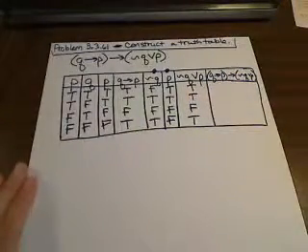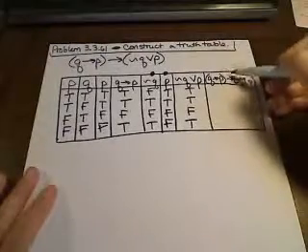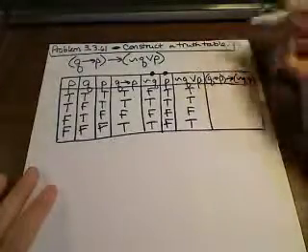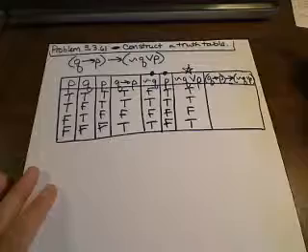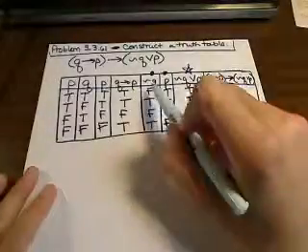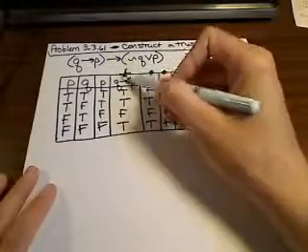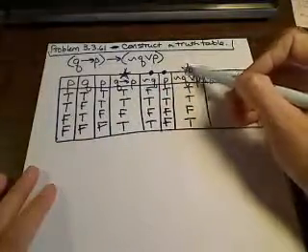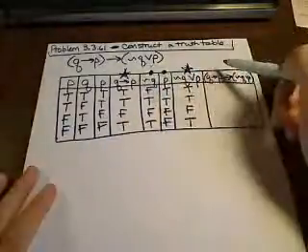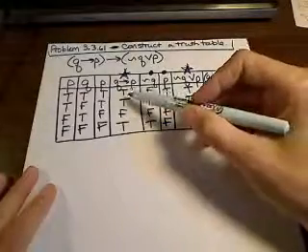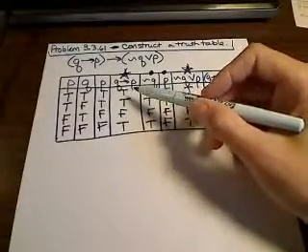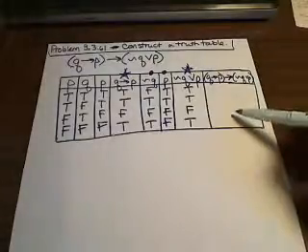Okay, and now what I'm doing is I'm trying to take the conditional between this column right here and Q implies P, so this column right here. So what I'm going to do is I'm going to look at the truth values in these two columns that are starred, and I'm going to use the conditional to set up what the result would be here.